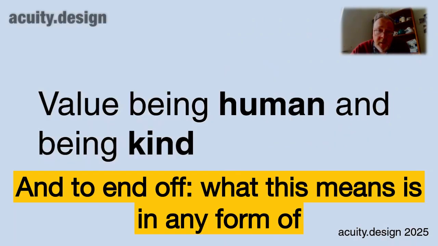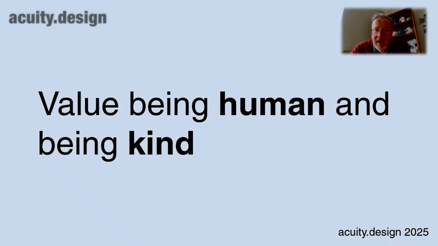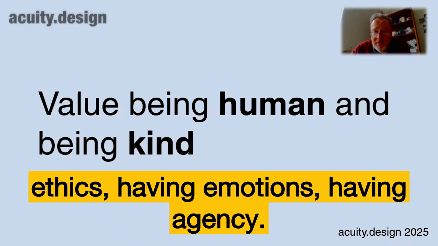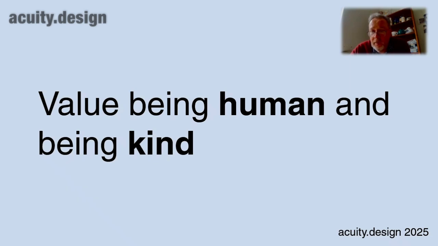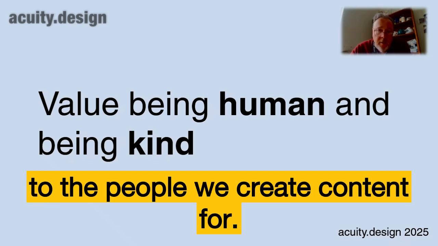And to end off, what this means is in any form of content design, we need to value being human. Having context, having perspective, having ethics, having emotions, having agency. And we should be kind, both to ourselves and to the people we create content for.